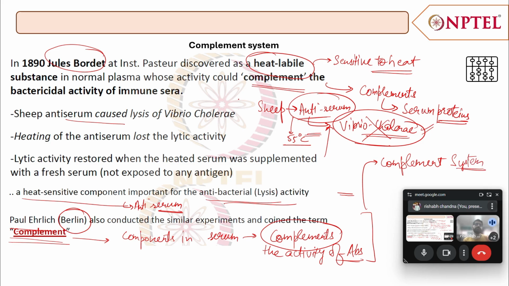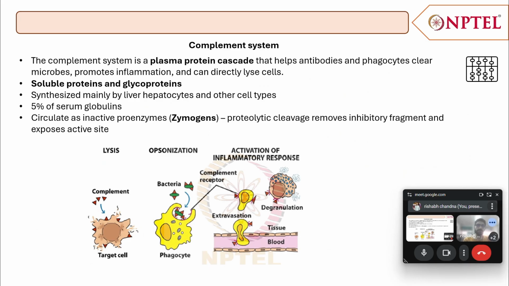So this was a brief history of how scientists reached the complement system, and now we'll move on to its basic introduction. It is basically a plasma protein cascade, proteins present in the plasma that function in a cascade manner that helps the antibodies and phagocytes to clear the microbes, promotes inflammation, and can directly lyse the cells.